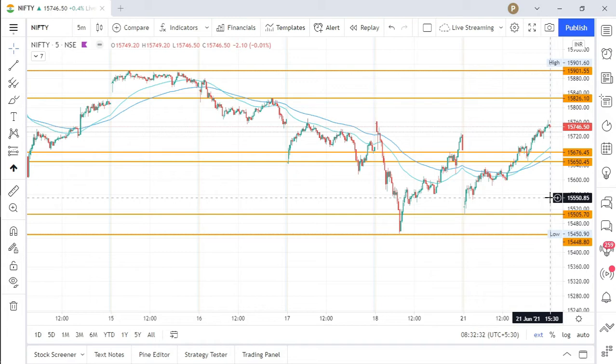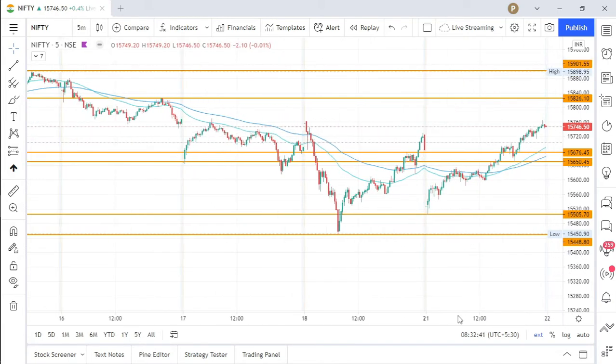So the range could be from 15,680 to 15,820 approximately. But assuming 15,900 is broken, 15,975 would be the next resistance, just below the 16,000 level. So that's a short note on Nifty.